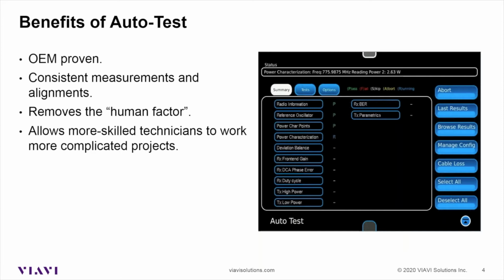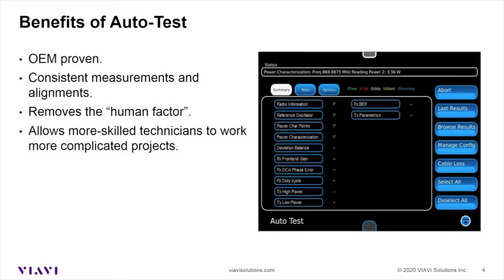By automating this process, we take a lot of the skill required and the knowledge and experience that's required to align these radios effectively out of the formula. So what that means is you can have your new technicians, maybe technicians that are right out of school. They know all the theory behind RF, but they haven't been in the real world yet, so to speak.